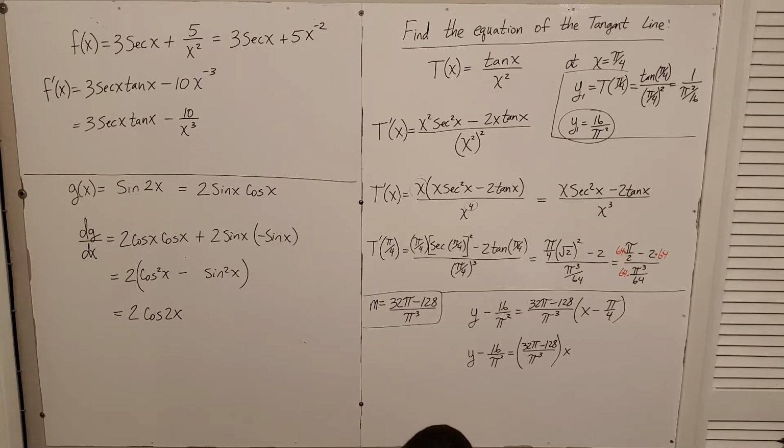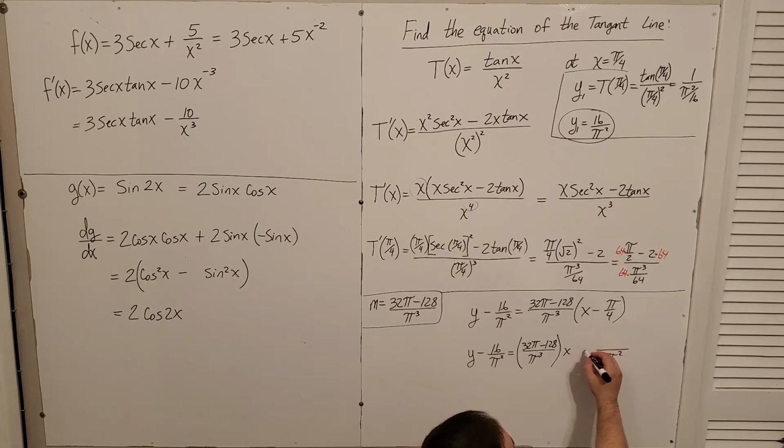Now watch. I'm going to have to multiply this times pi over 4. But I've got a pi in the top and 3 of them in the bottom, so I'm going to end up with 2 in the bottom, because pi over pi cubed is just going to give me the pi squared in the denominator. Also, I'm going to be dividing the 32 and the 128 by -4.